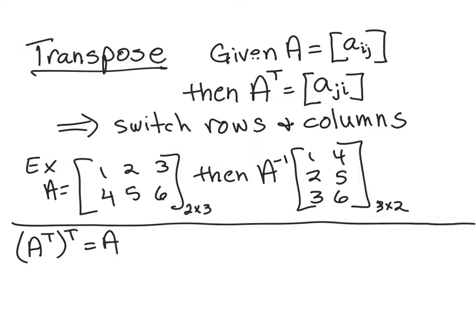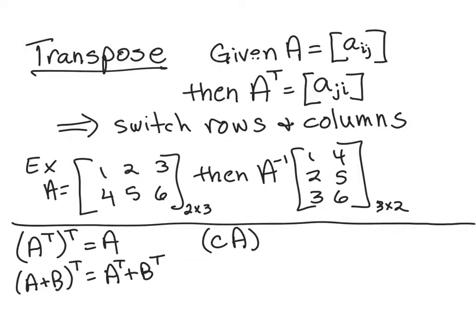If I transpose a sum of 2 matrices, I'm summing the transposes of the individual matrices. If I transpose a scalar multiple of a matrix, I have the scalar multiple of the transpose of the matrix.